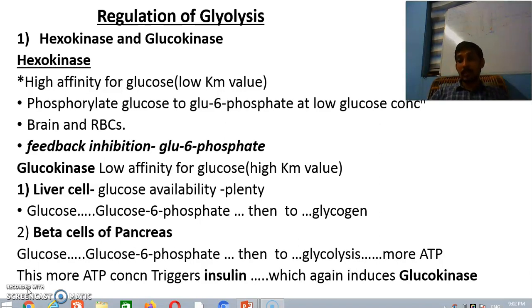We know that the liver is the main organ which absorbs excess glucose from the blood and converts it into glycogen. Muscle cells also perform the same function, but here I am focusing only on glucose. So in the liver cell, glycolysis takes place, but the first step is catalyzed by glucokinase.